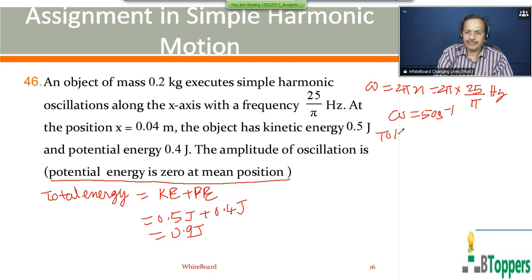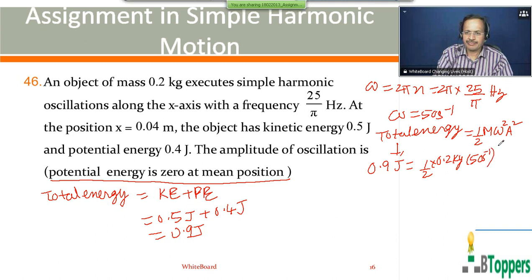Total energy of oscillations is the same as the maximum kinetic energy, if the potential energy at the mean position is 0: half m omega square A square. Total energy is 0.9 joules. Mass m is given as 0.2 kg. Omega equals 50 per second.